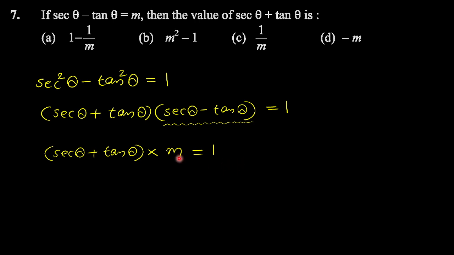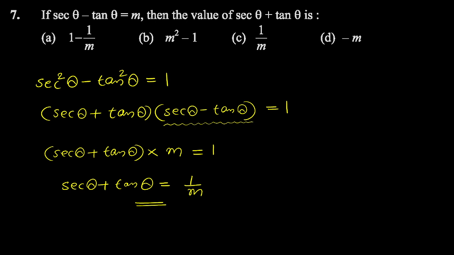I can take m to the right hand side. Taking m to the right side, sec theta plus tan theta is equal to 1 by m. This is our question. Our question is sec theta plus tan theta.